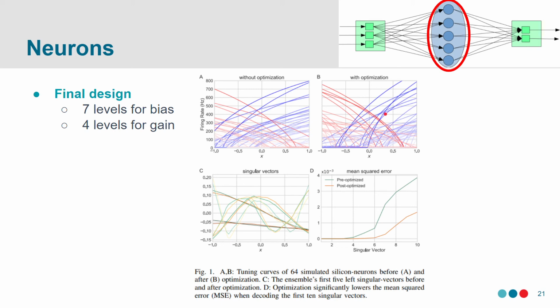Then you can go ahead and compute what your mean squared error is for a whole bunch of different tasks. In particular, we're looking at the first 10 singular. So the normal method for figuring out what a group of neurons would be good at approximating is to take these tuning curves and do singular value decomposition. That's going to tell you what these neurons are good at approximating. Okay?